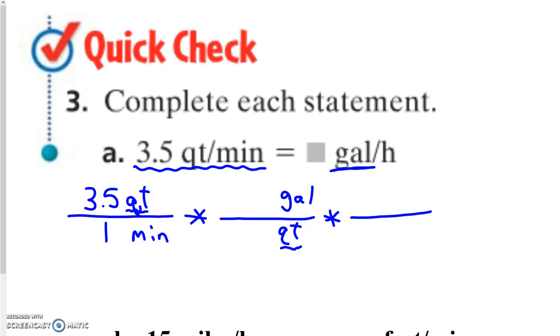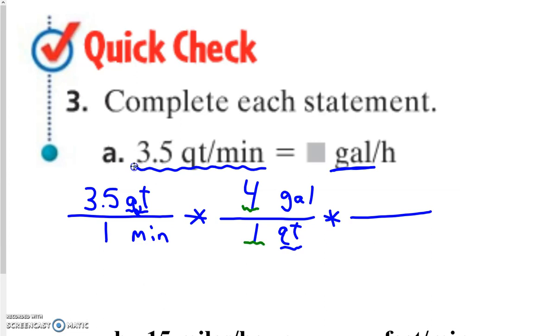Now by putting my labels in first, that helps me make sure that I put my numbers in the right spot. So when I look at this rate in the second fraction, it says gallons and quarts. Well, I know there's 4 quarts in a gallon. Here's a common mistake students make. They get in a rush and they do this. Well, if I read that, that says 4 gallons in 1 quart.